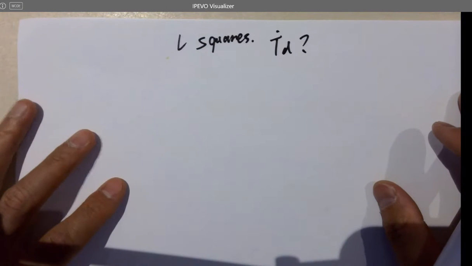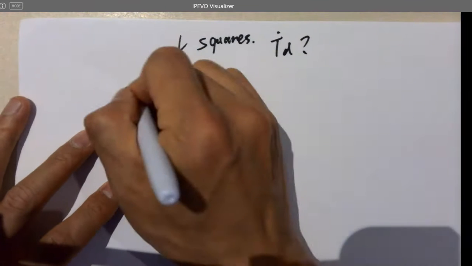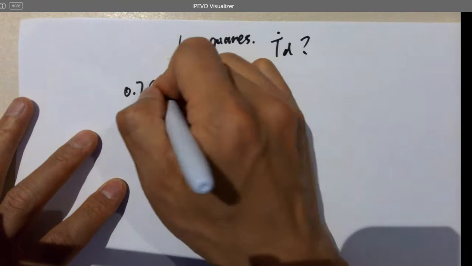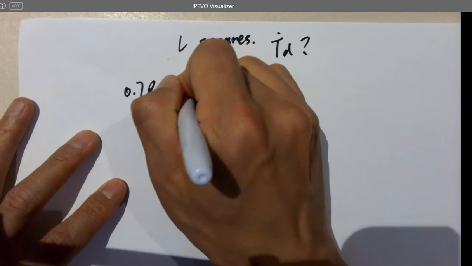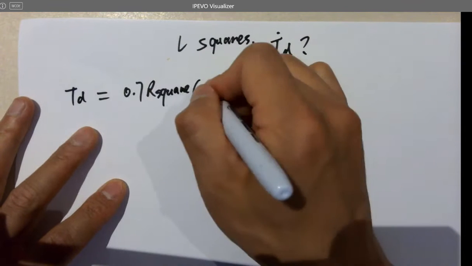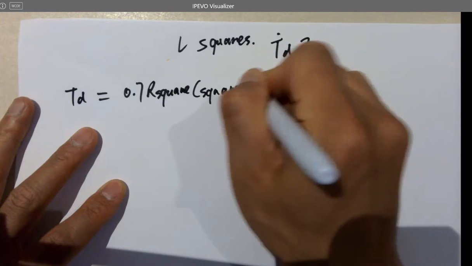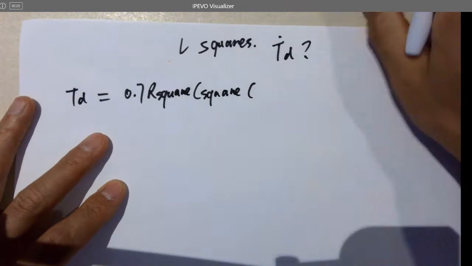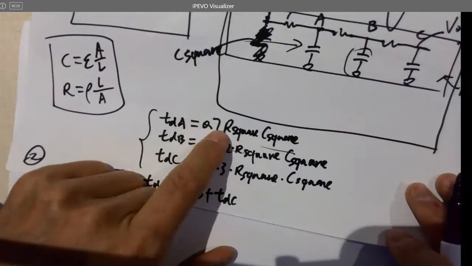So it becomes 0.7 R square C square. So starting from this, right? That's 1, 2, 3 until L.